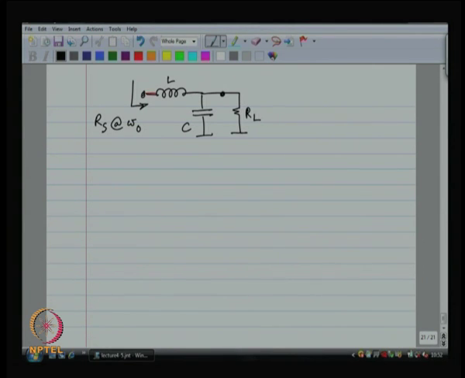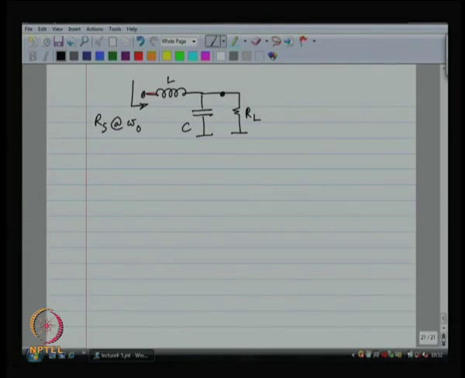Okay. And the derivation for this is also quite trivial. You just have to transform R in parallel with C to R in series with C. The value of C is not going to change much, the value of the resistance is going to go down by 1 plus Q squared.